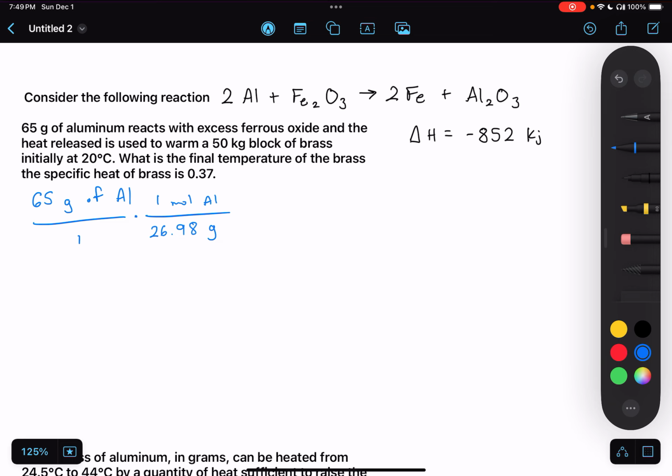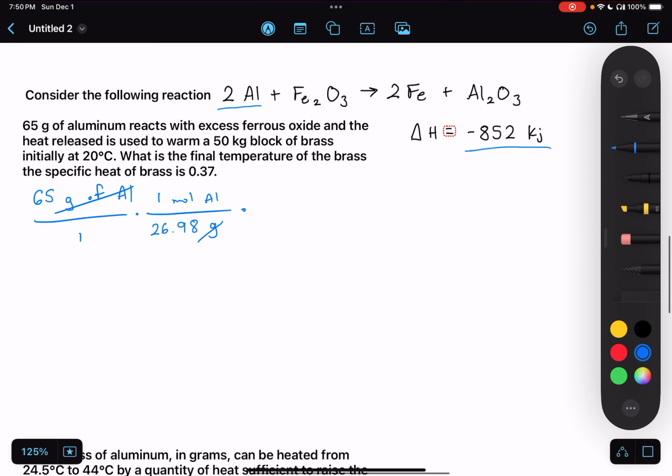Grams cancel out. Now we have moles, and then we have to go from the moles of aluminum to the kilojoules. Negative 852 kilojoules corresponds to 2 moles of aluminum, so we put 2 moles of aluminum, because that's how much we have in our reaction.